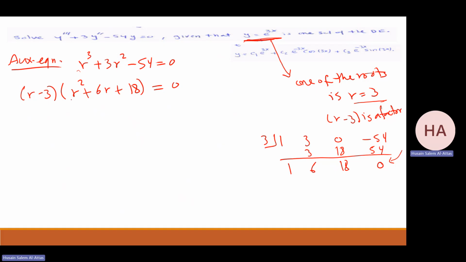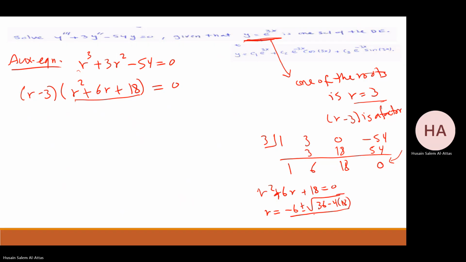And this one, I can solve with the quadratic formula: minus 6 plus or minus the square root of 36 minus 4 times 18, over 2. 4 times 18 is 72. 36 minus 72 is minus 36, so the square root is 6i.